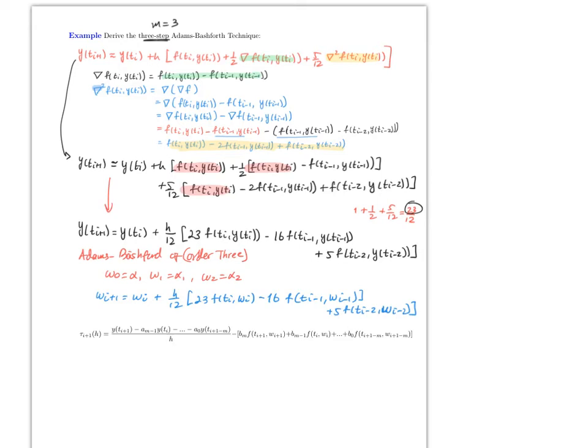As I mentioned before, you can also get these formulas using Taylor series, the Taylor method of order n, and also using Lagrange polynomials. So there is more than one way to get to this, but probably this is the easiest way because you already have a formula. All you have to do is manipulate this to get the order that you want.